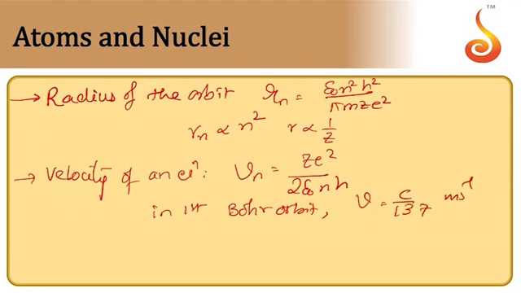Remember this one. If Z is constant, v is inversely proportional to n. And if n is constant, v is proportional to Z.